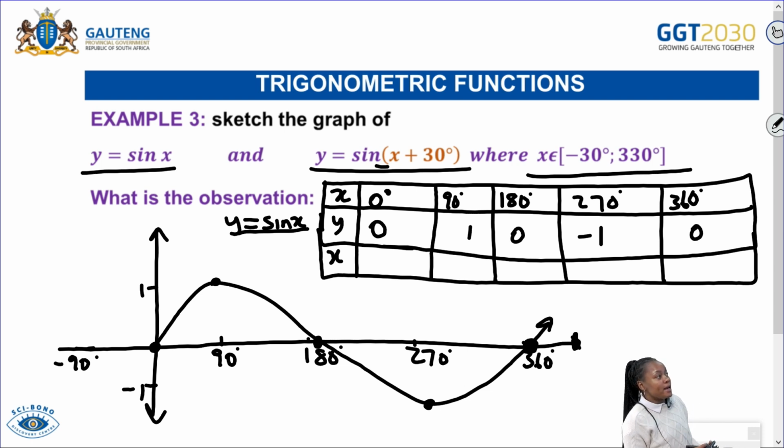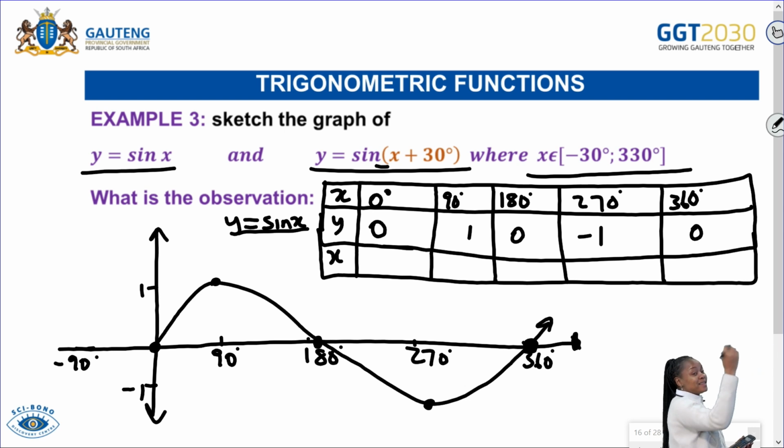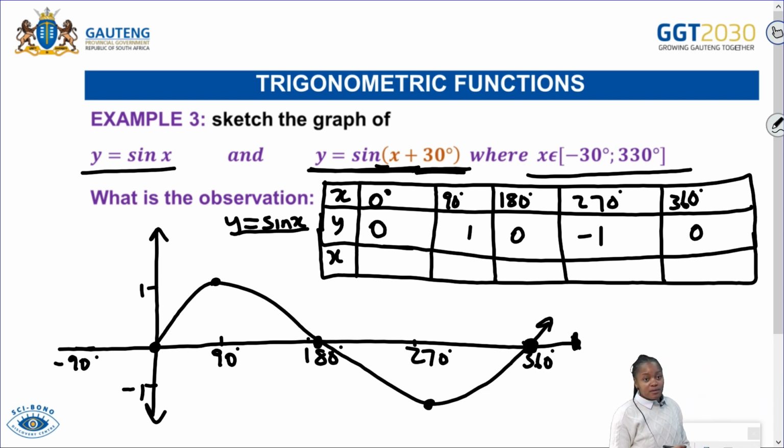And now let's sketch the graph of y equals sine of x plus 30. You'll notice that there is a particular shift here. The value of x there, we take it as x equals -30. If you remember correctly in your functions, when you are shifting your parabola and your hyperbola, you'll notice that the shift is on the x-axis, it's horizontal.